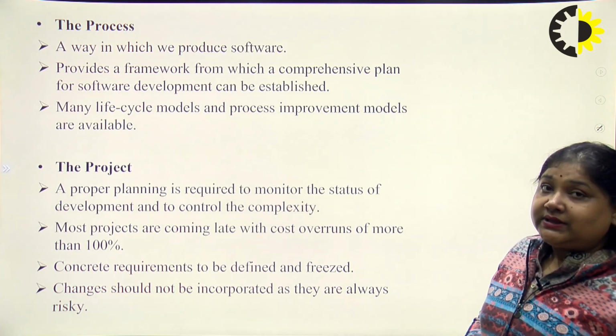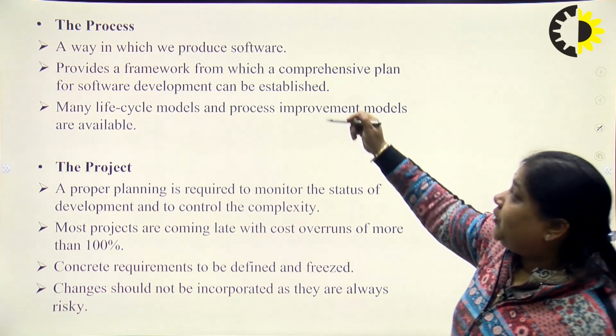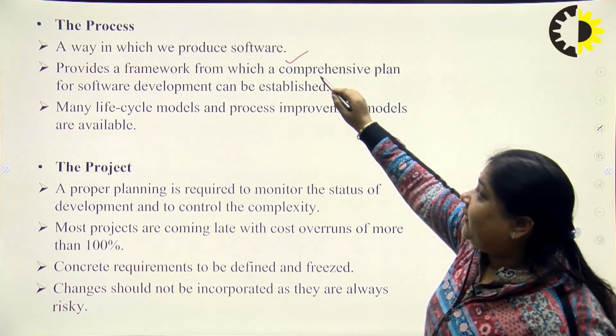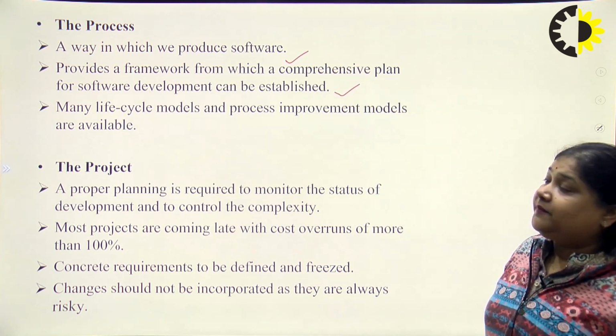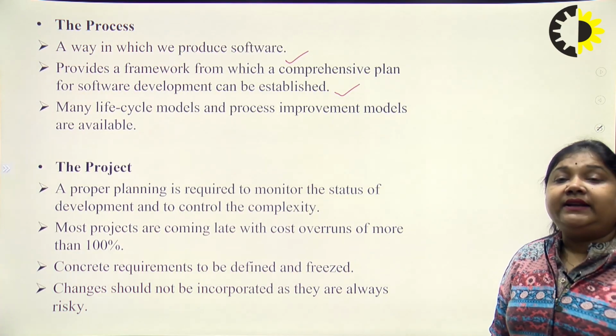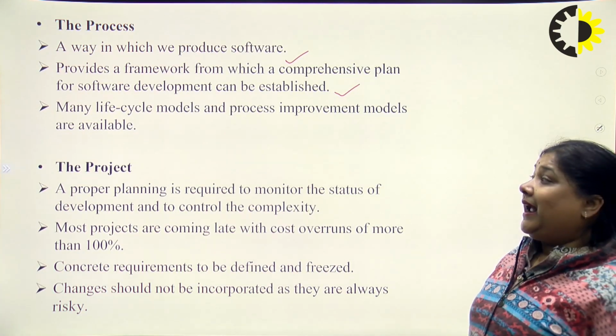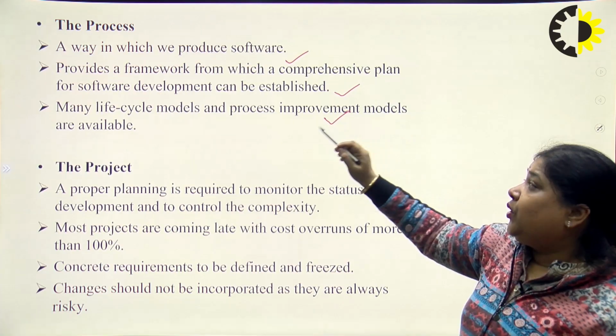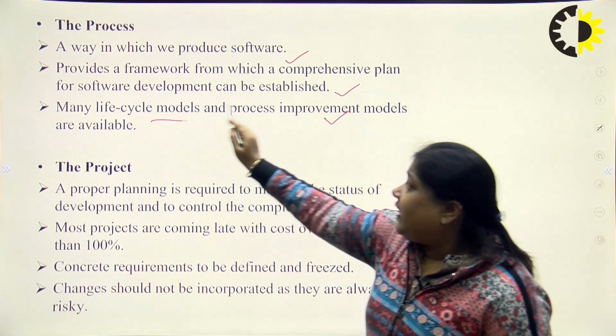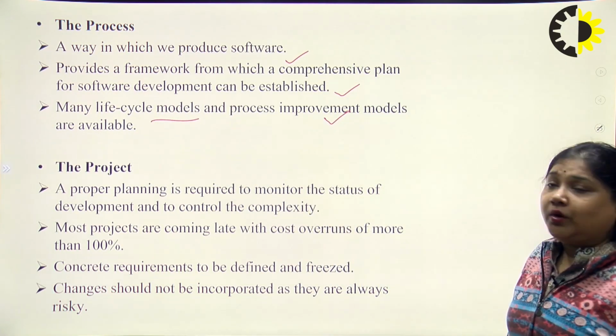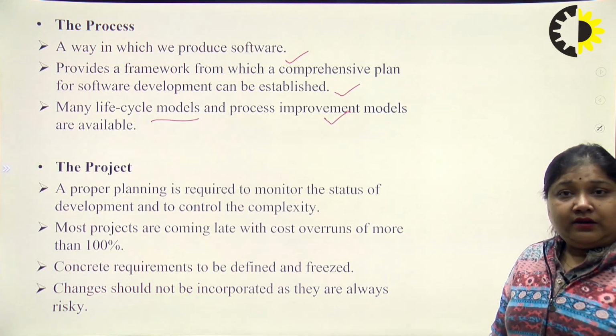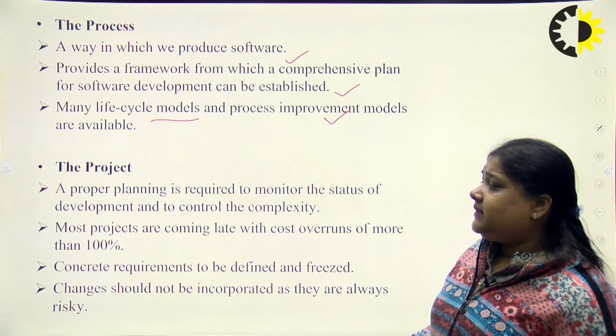Next is the process. This is the way in which we produce the software. It is the framework from which the comprehensive plan for software development can be established. Many life cycle models are available, and process improvement models are available to develop software. Next is the project.